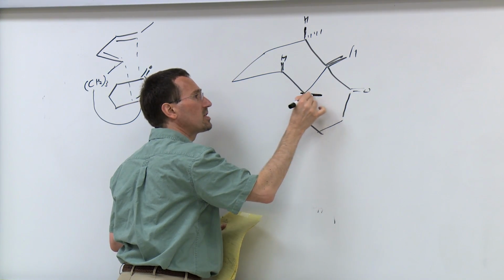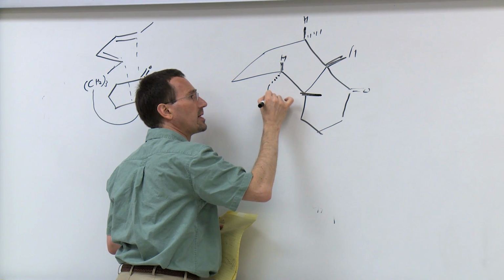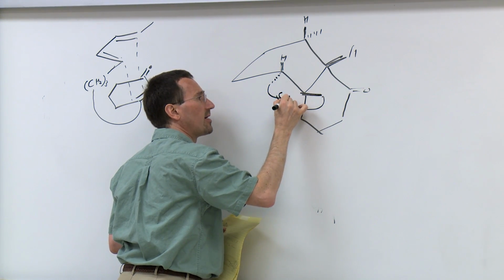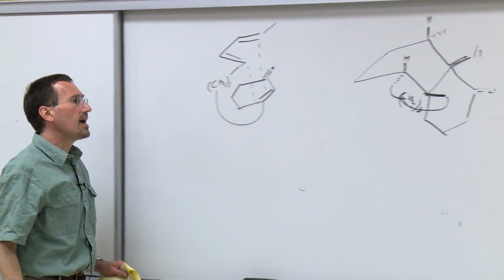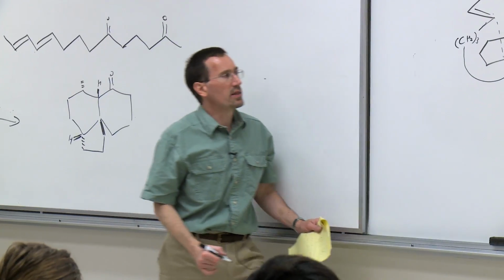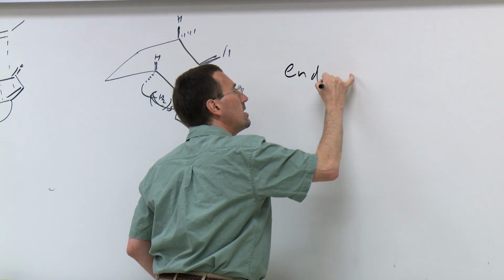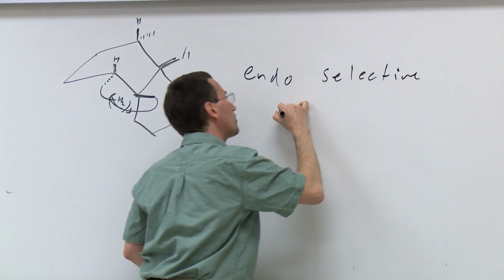We end up with this group pointing up. We end up with this group pointing down, and I'll just again draw my tether and say we have CH2,3 as our tether. And so that was my vision on the stereoselectivity. In other words, my hope was that it would go endoselective, intramolecular.